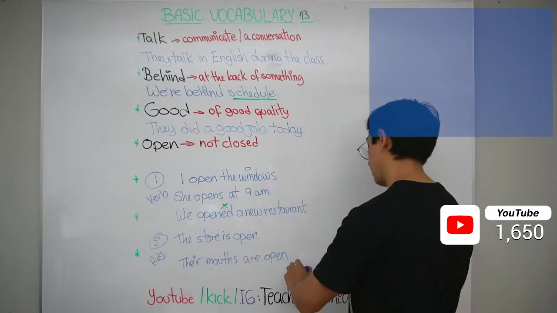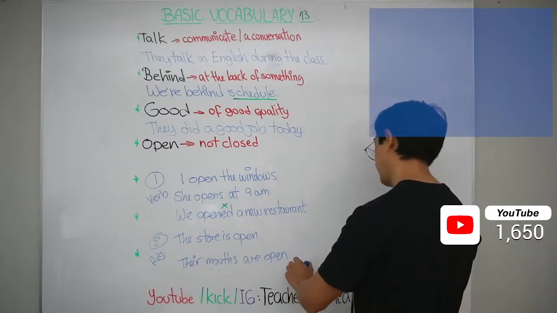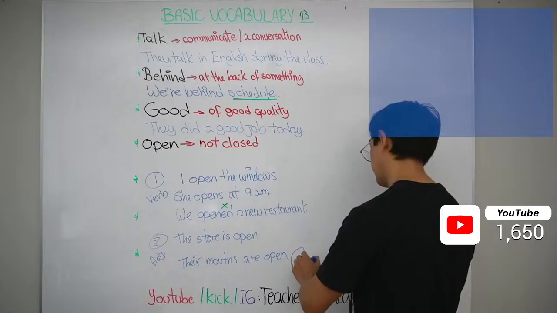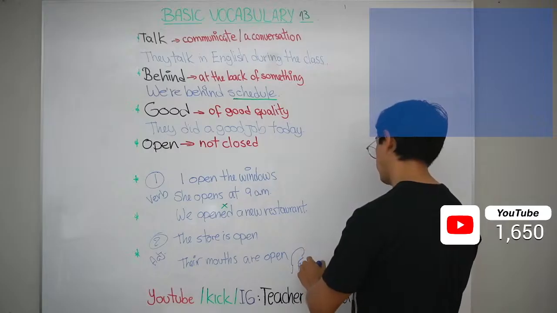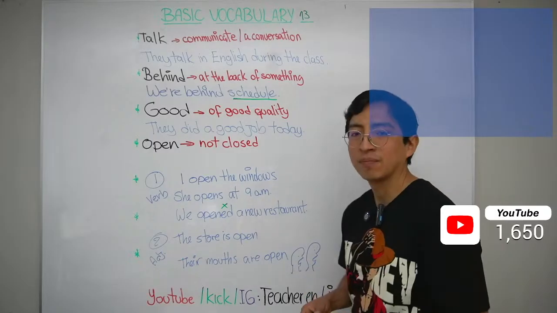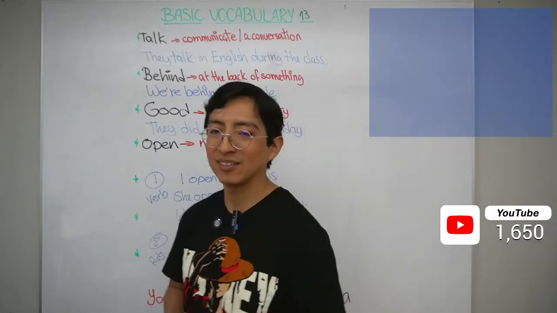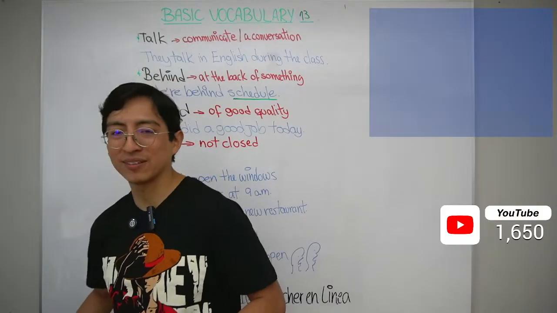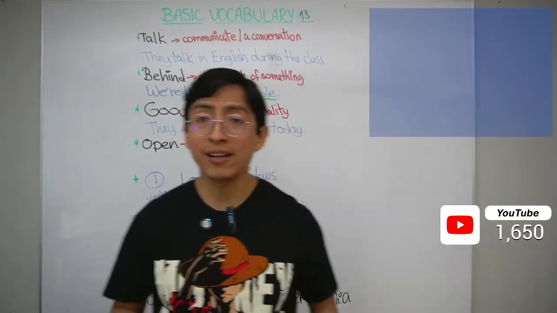Well, I'm gonna draw a picture here. Let's draw another person here. I don't know if you can distinguish this, but oh my gosh. Their mouths are open, right? Their mouths are wide open. Why? Because they are surprised.